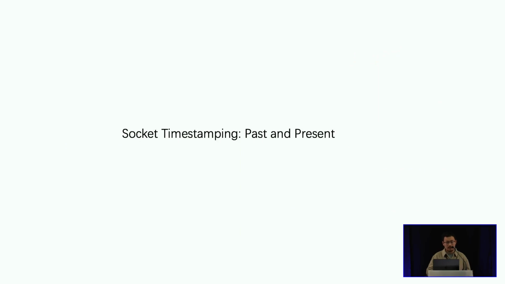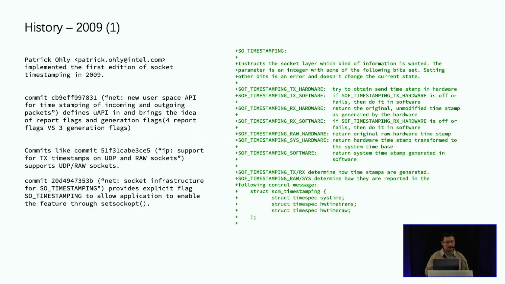Okay, the past and the present of socket timestamping. Back in 2009, Patrick Ohly, who was working at Intel, finished the first edition of socket timestamping, and he completed the basic framework of communication between the kernel and the user space. In this first commit I listed here, he explicitly distinguished the use of a data path and the control path.